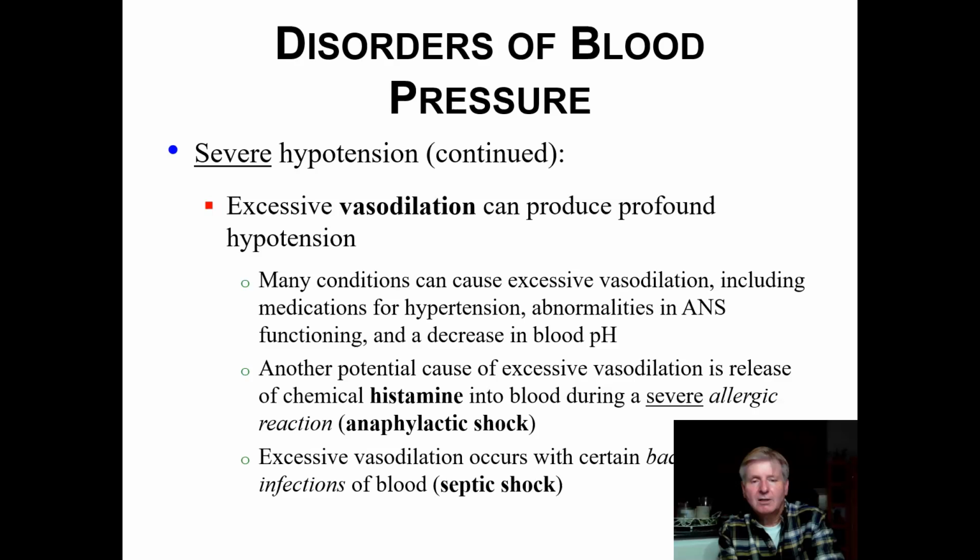Another potential cause of generalized excessive vasodilation is release of the chemical histamine into the blood during a severe allergic reaction. That's called anaphylactic shock. Also, you can have excessive vasodilation with bacterial infections of the blood, like septic shock. Those carry a very high mortality rate. I think it's 85% for septic shock of death.